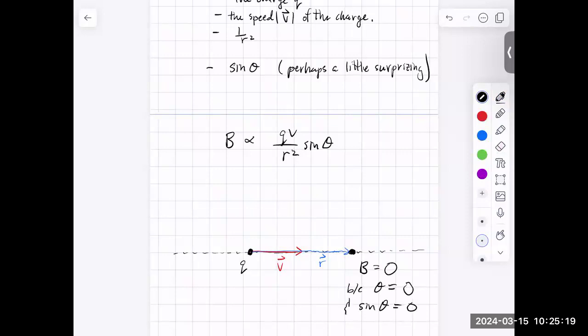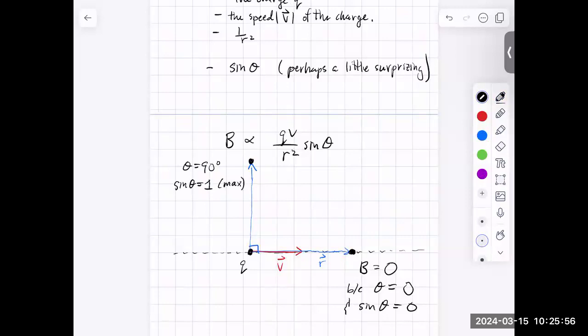The other one we could do is, I'm going to try to keep R the same. So it's roughly something like that. And here's another point. Over here, theta is equal to 90 degrees because we're, in this case, perpendicular to our velocity, and sine theta is equal to 1, which is the maximum possible value.